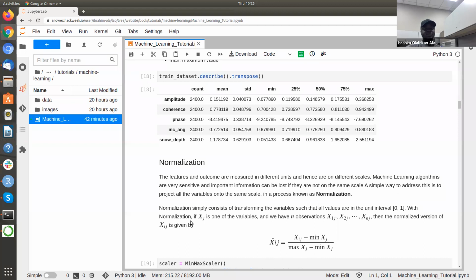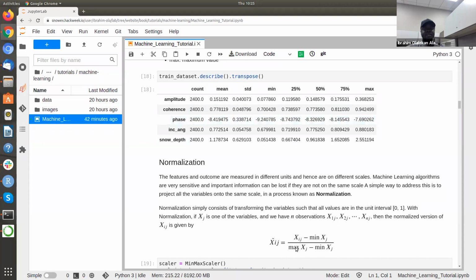With normalization, if xj is one of the variables, let's take as an example, phase here. If I want to normalize phase, for every observation of phase, I'm going to have the normalized version. To get the normalized version of every value for the phase, I take the original value minus the minimum value for phase, which in this case is -9.24.